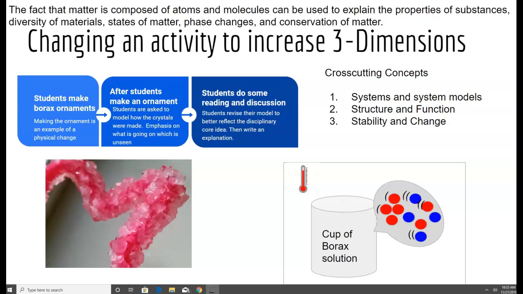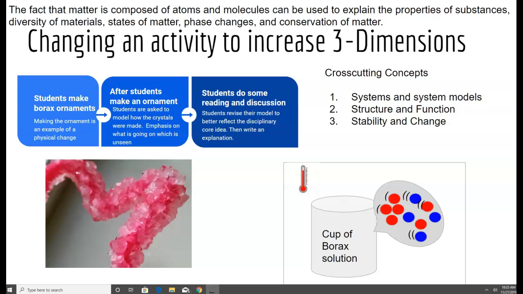Once students had made their initial model, and mind you, in this model also we had just the borax in the water. The students then had to do the model of how the borax entered the water to make a solution or a mixture, and then the students had to model how the crystals were made. So they had 3 frames to their model.